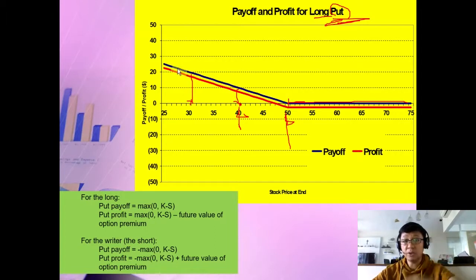Similarly, you see the red one is basically the setback or the trade-off, when you have to consider paying the premium, the deposit. It could be, let's say, a few dollars over here. That's why you see the whole curve move down, because you are being set back by the deposit.